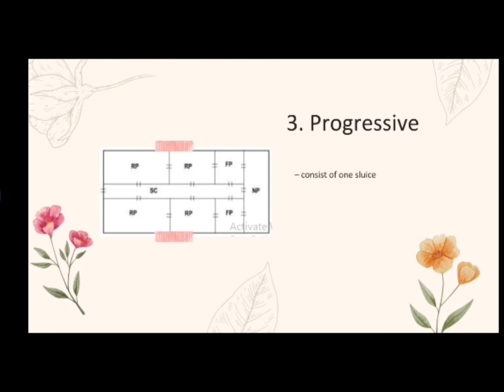It consists of one sluice gate, a long supply canal, and secondary gates provided to different compartments of progressively increasing areas. So it has one sluice gate but a long supply canal. Its secondary gates are provided to different compartments of progressively increasing areas.